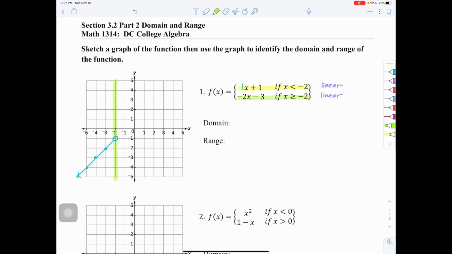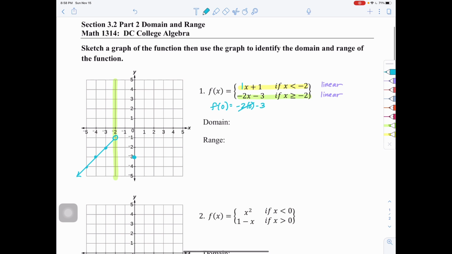Now let's look at this next function. When x is 0, we're going to have -2 times 0 minus 3, so the y value is -3. So here we have a y value of -3 when x is 0.